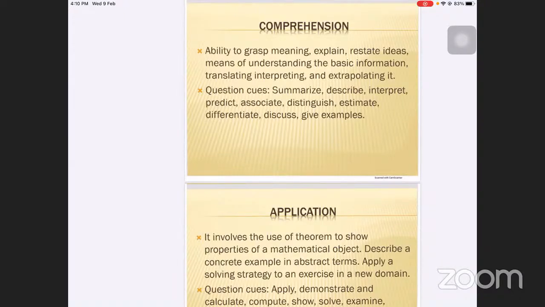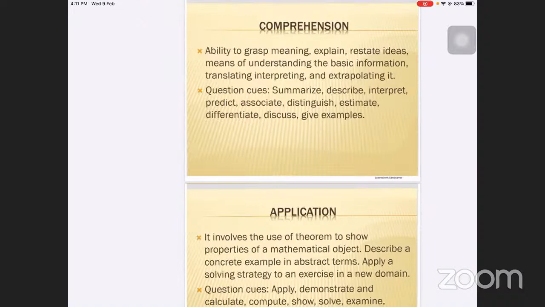If the student has acquired the knowledge and has analyzed this knowledge in the brain, certainly he will be able to interpret this knowledge in his own words. He will be able to summarize it in his own words. He will be able to make a difference or distinguish between two phenomena, and also to give discussion or elaboration with examples in his own words.